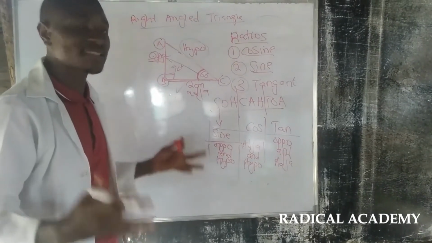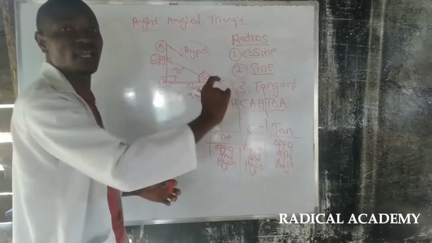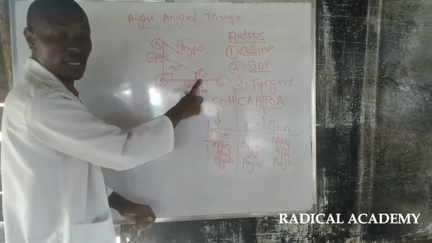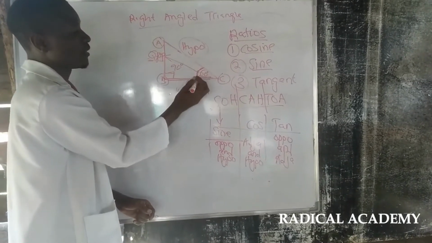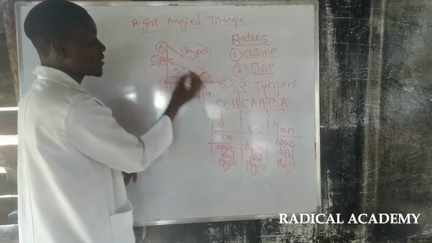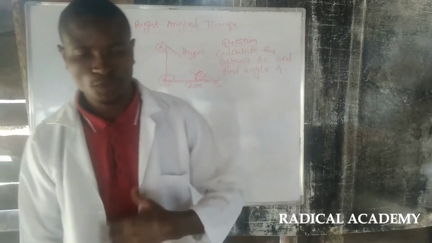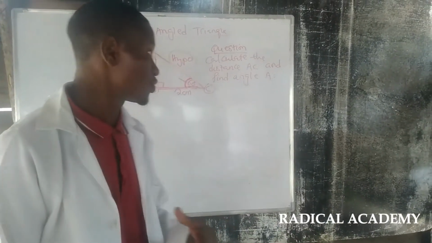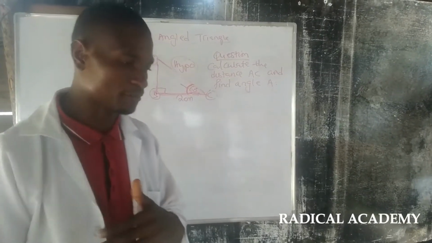This is how you assign the angle and its relationship to the side. So this 60, I'm repeating again, is facing this side, which is automatically the opposite.